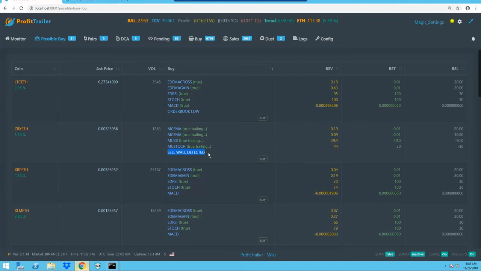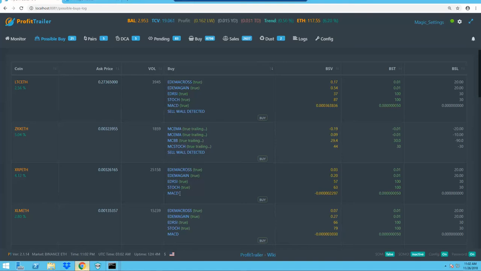And what this simply means is that as long as the robots are detecting that there's a sell wall, there's more people selling the coin than are actually buying, it is preventing us from buying it at the moment. When that sell wall detected is lifted and people are no longer selling the coin more so, then we'll buy it when others are buying the coin.